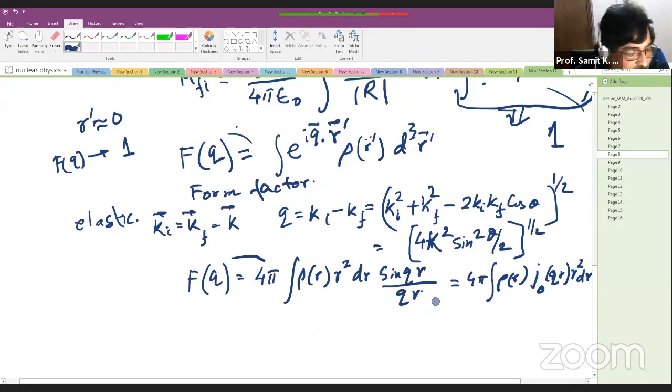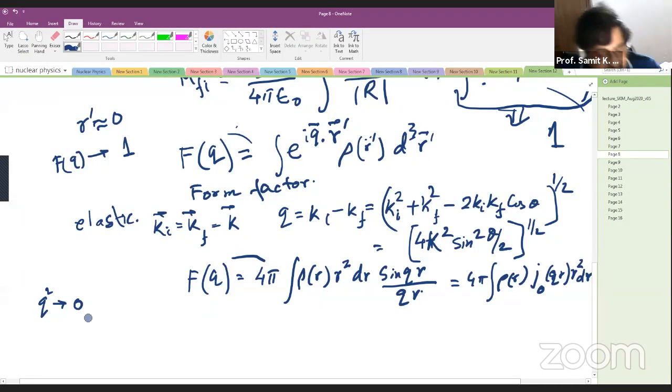Now we can consider that this q squared, the change of momentum, is very small. That means if q goes to 0, or better, q squared goes to 0, there is a small change of momentum. Then this quantity, the sine qr, can be expanded in a power series.